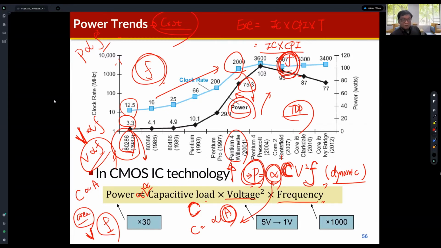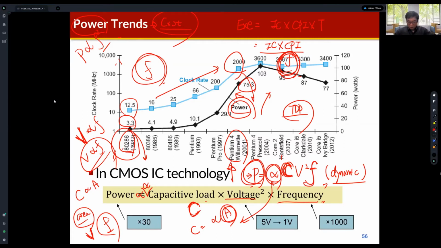That's the problem. Not the easiest, but a direct way to increase the performance of a computer system is to increase the clock frequency. But if the CPU is running with a higher clock frequency, it will consume much power. So because of power, the performance of the CPU is constrained.